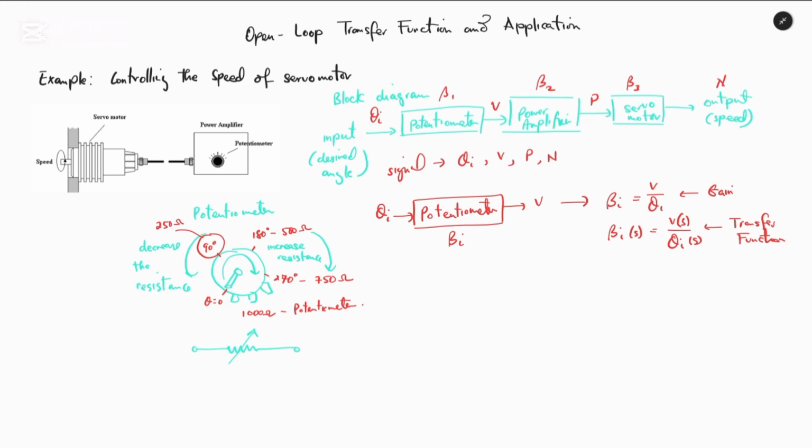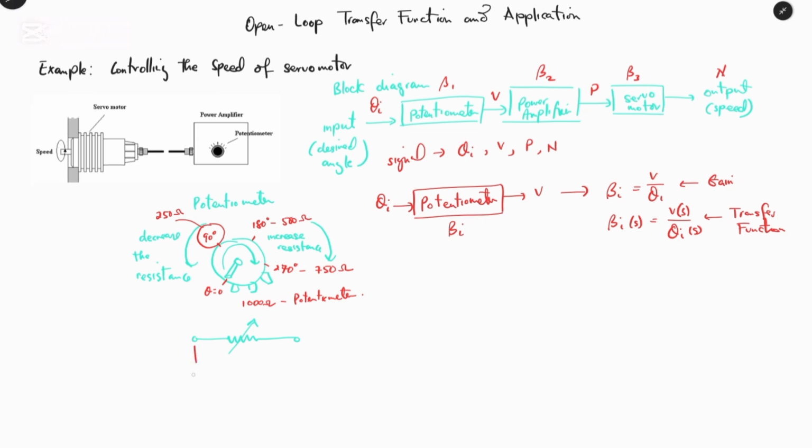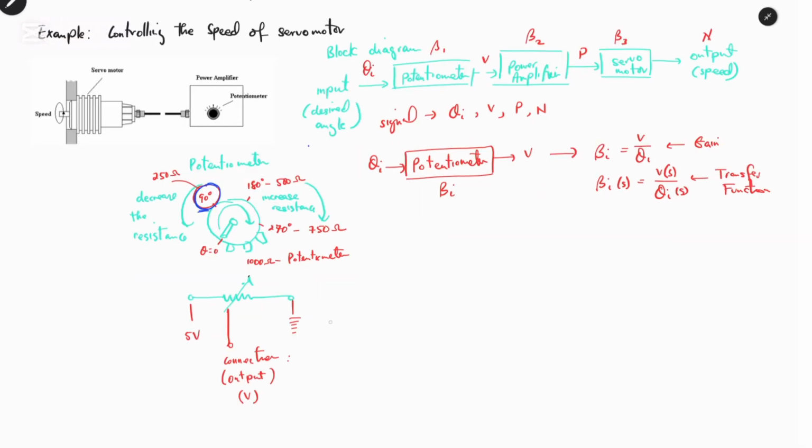Imagine that this system is connected to a 5-volt supply and to the ground. This is the point of our connection. We can determine the relationship such that the connection is the output, which we label as V. Now we can find the relationship between the angle of the potentiometer and the voltage output of the potentiometer.